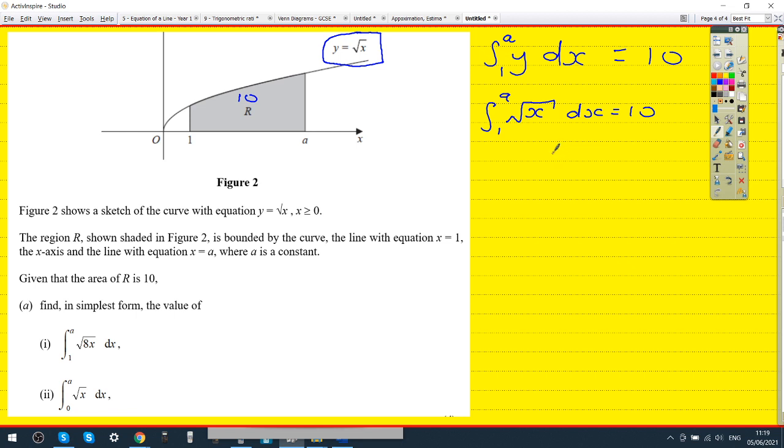And then would you integrate root x? Would you just get x? Root x is the same as, wait no, it's x to the half.